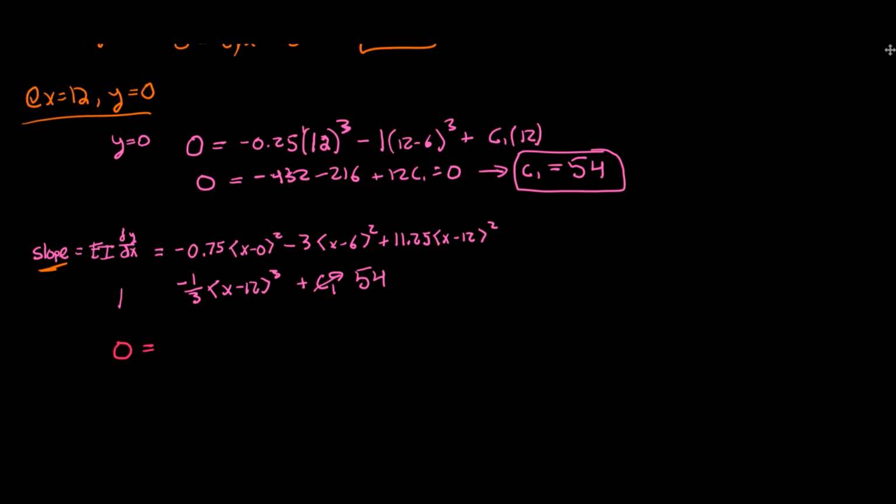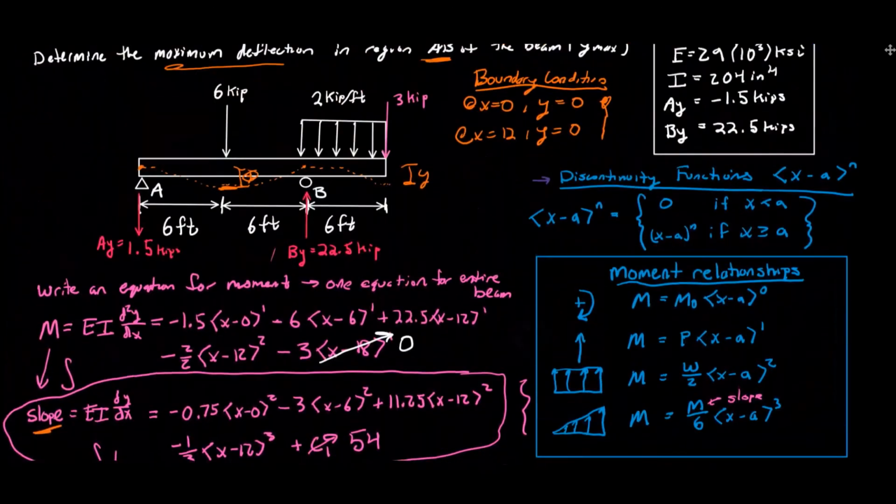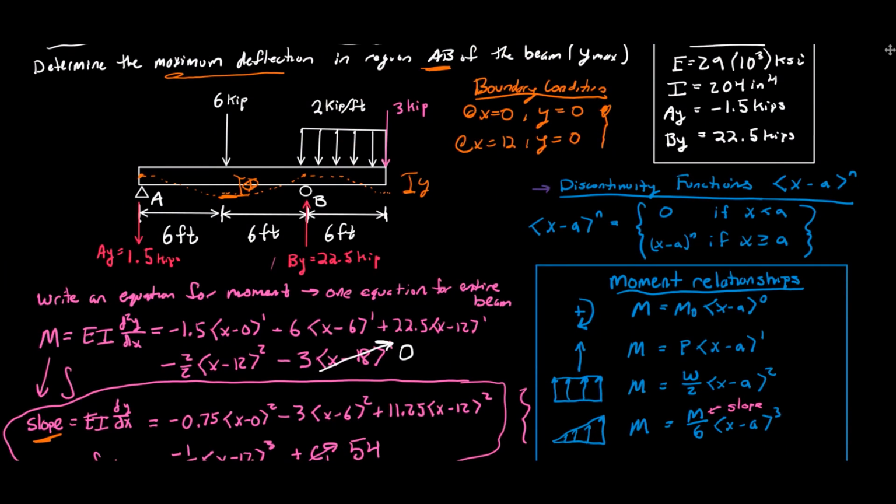So we're going to say our left-hand side is going to be equal to 0. And we're basically just going to replace all these x minus 0 stuff with just normal brackets. But since we're only looking in region AB, we're only going to include up to 12 feet here.